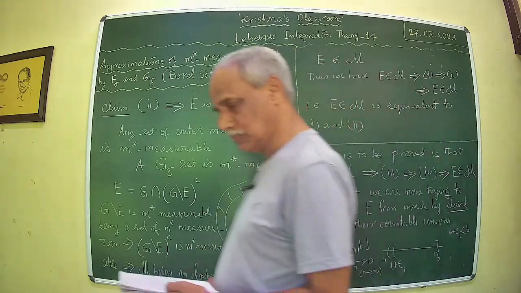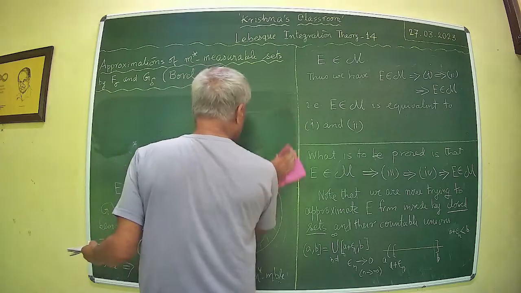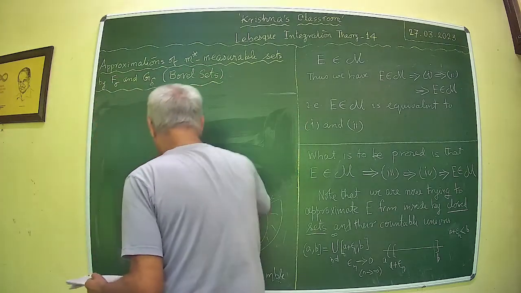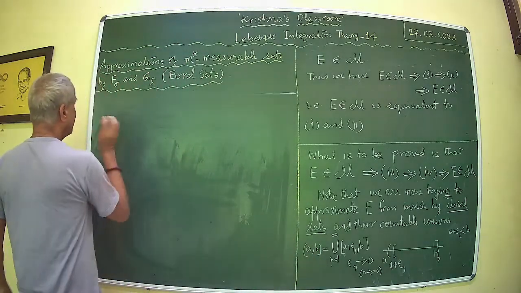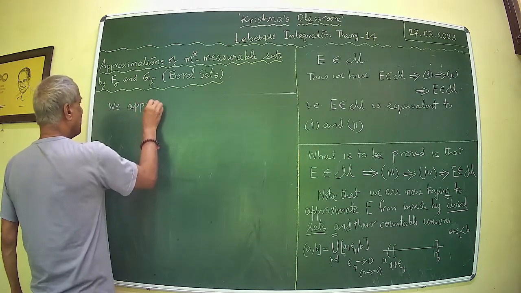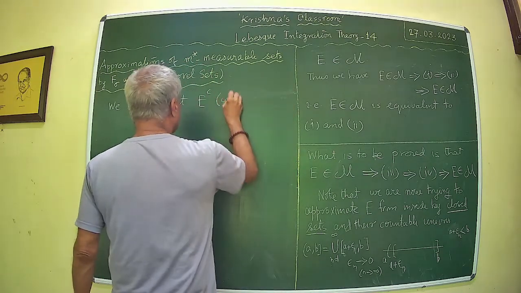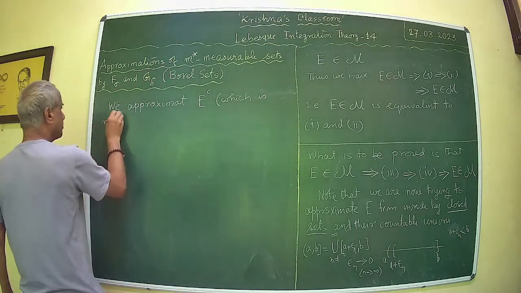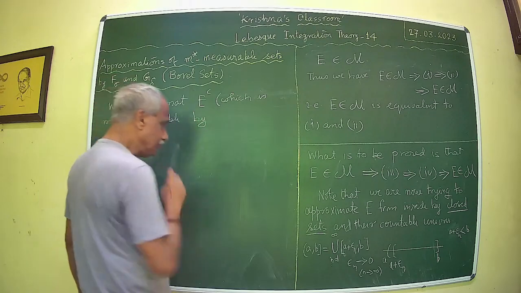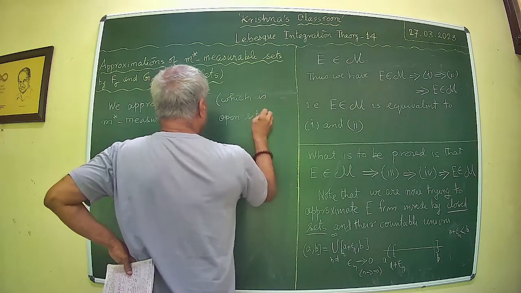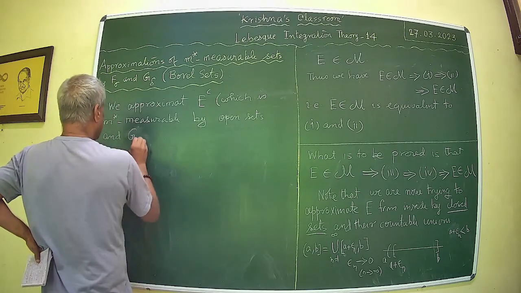Now let us see how we prove this. We approximate E complement, which is measurable, by open sets and G delta sets.